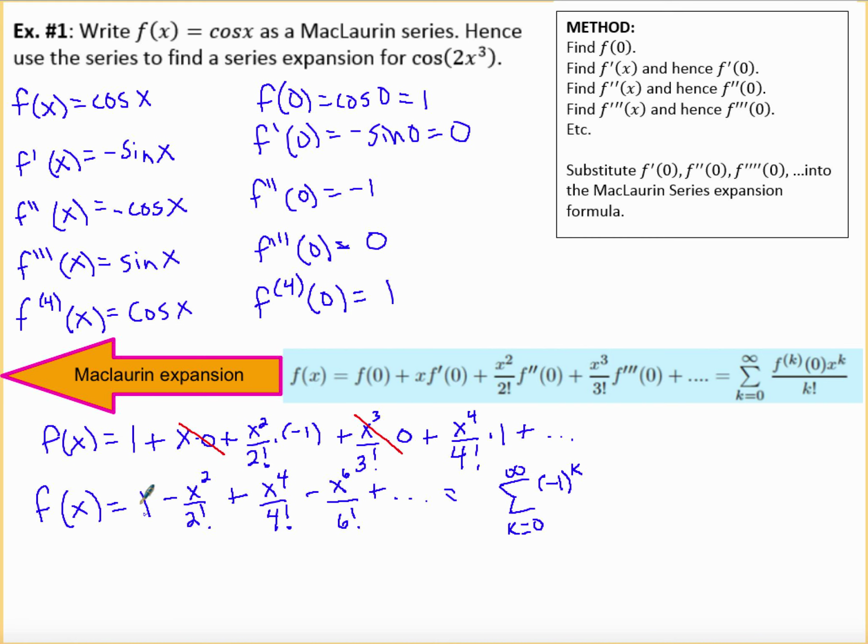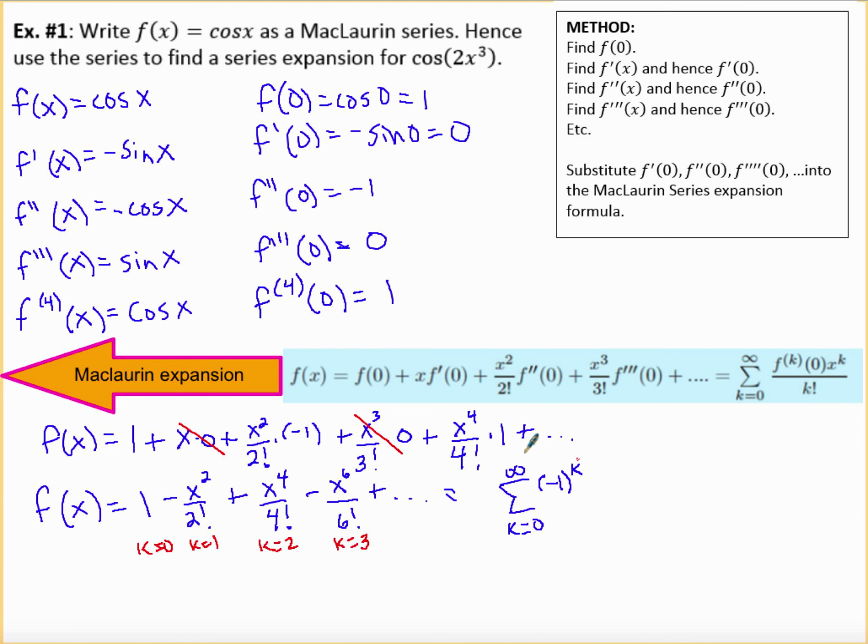I'm going to start with 1. So we'll say this is where k is equal to 0. And this term is where k is equal to 1. This term will be where k is equal to 2. Here's where k is equal to 3.